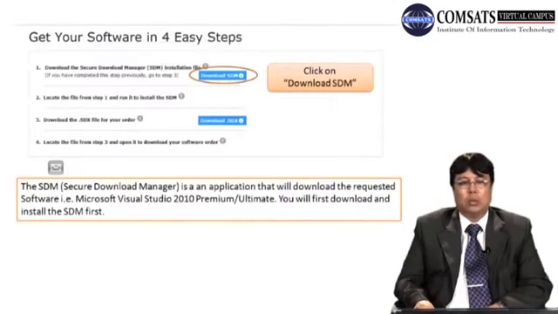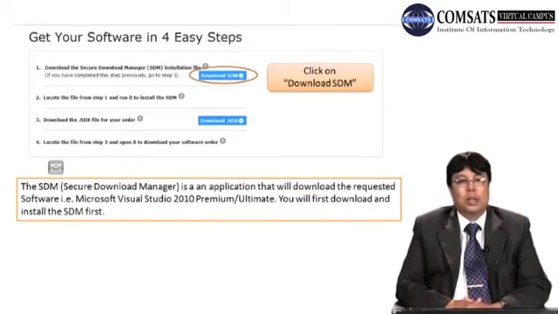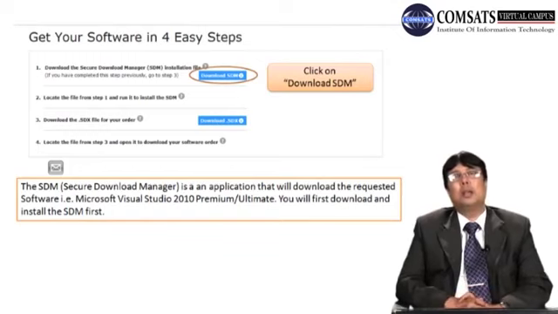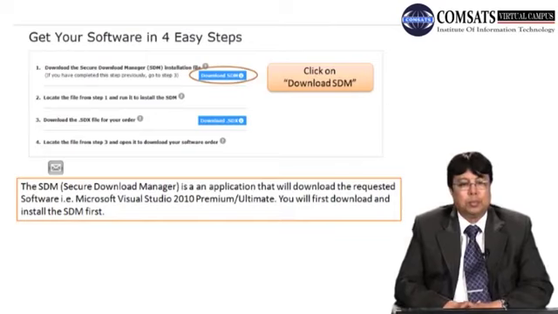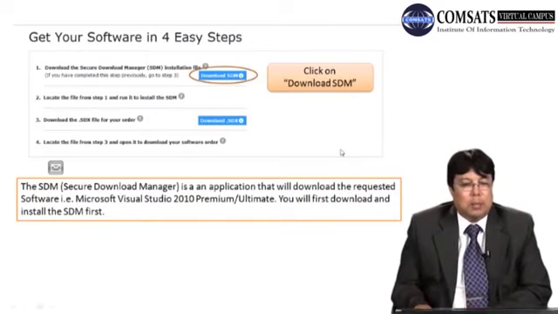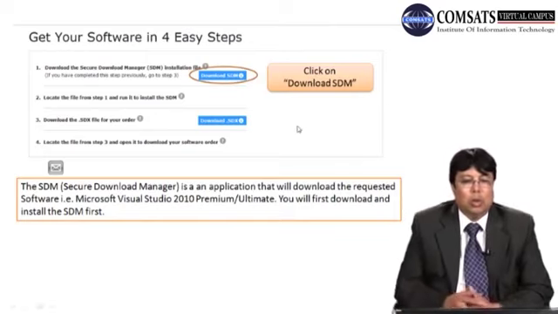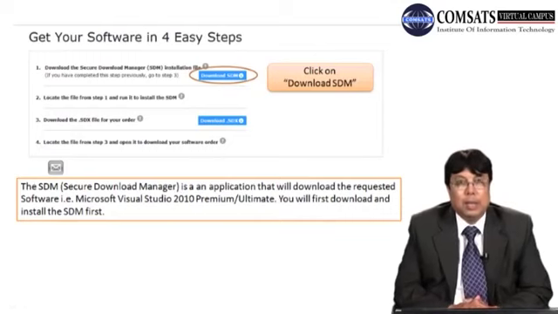When you click start download, you will find this screen which says get your software in 4 easy steps. These are the 4 steps which you will require to download and install your Visual Studio. First, step number 1, download the Secure Download Manager SDM installation file.